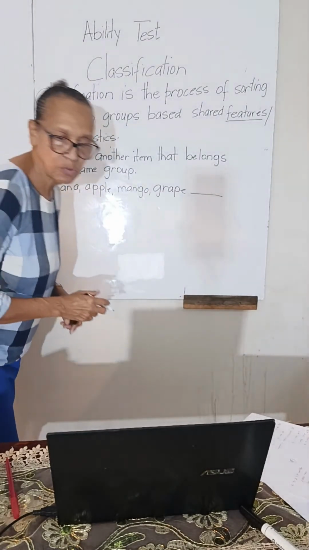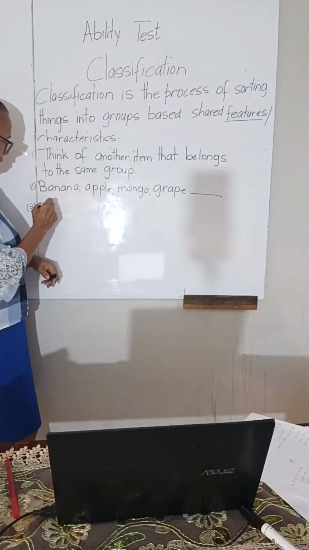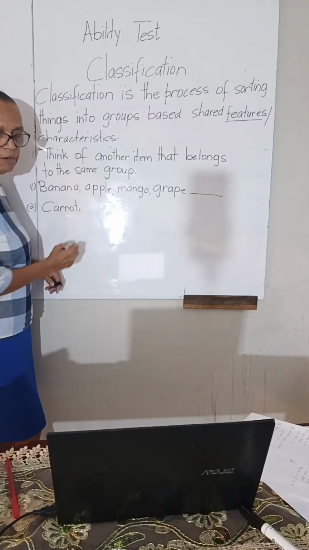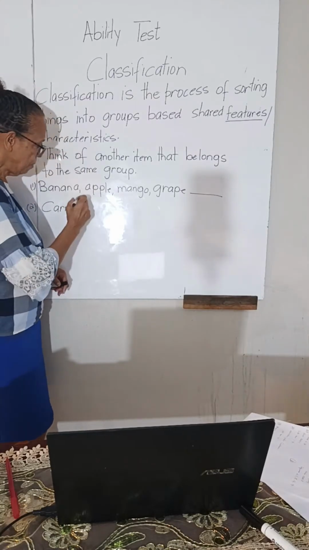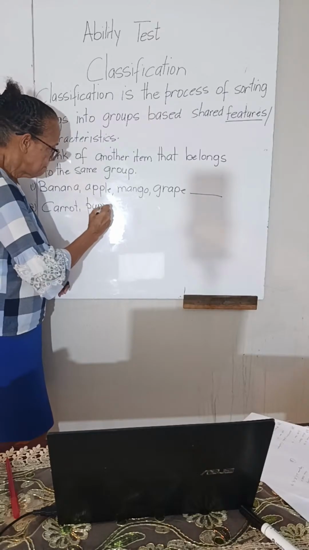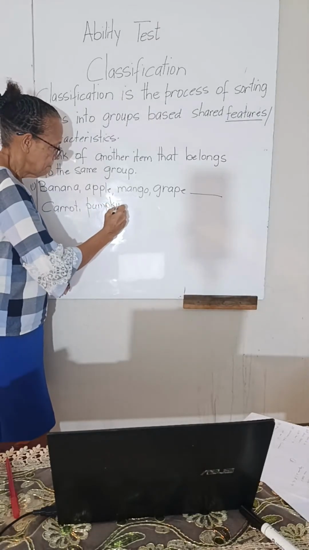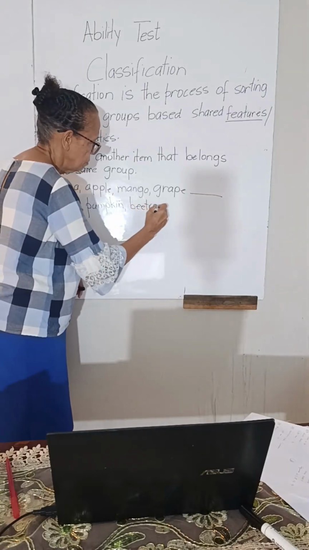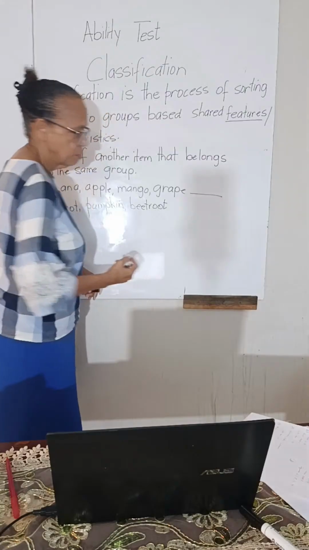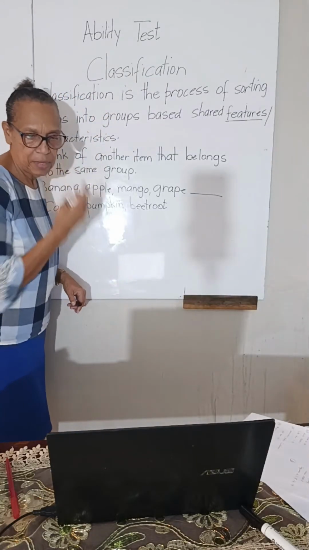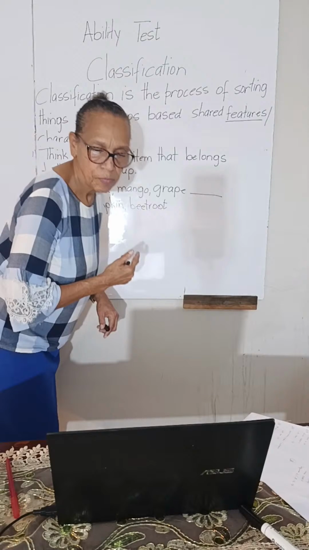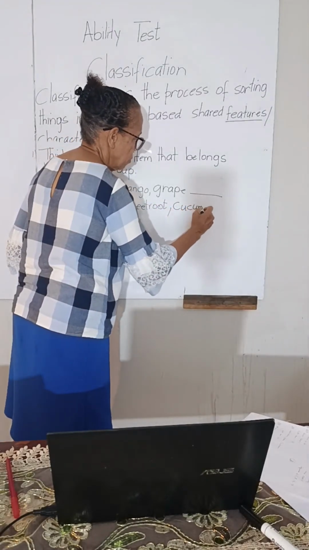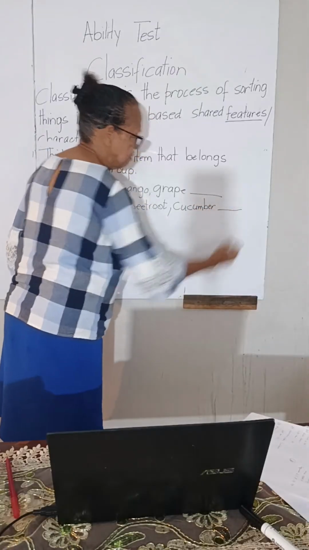All right, look at this one. Carrot, pumpkin, beetroot, cucumber. What could you add to this list?